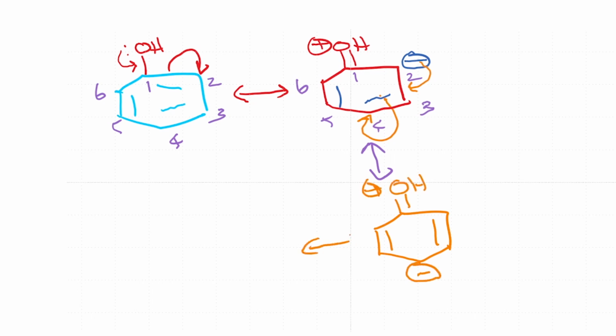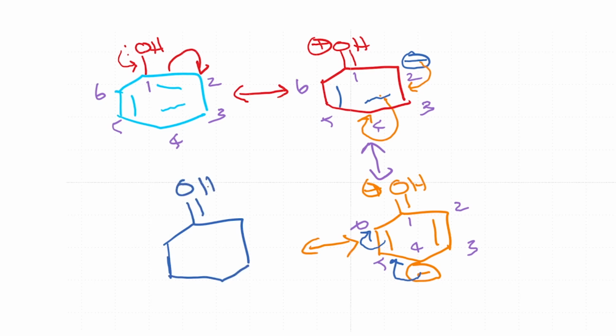And lastly, if I have to get one more resonance form, I do it in the following way. So the double bond, OH plus remains the same. There's a bond between carbon 2 and carbon 3, there's a bond between carbon 4 and carbon 5, and now there is a full negative charge over here.